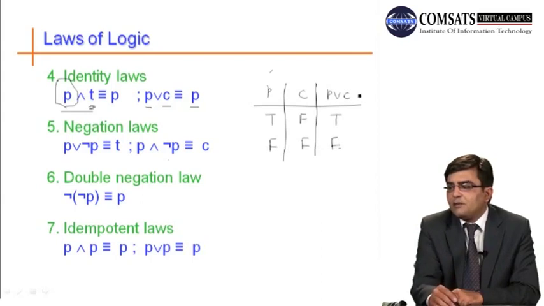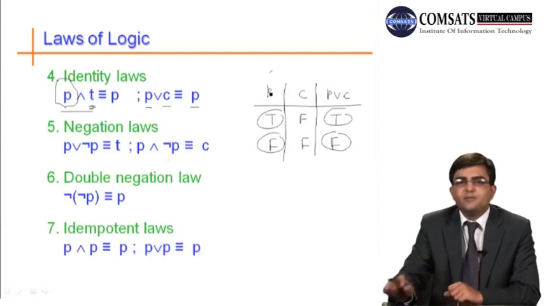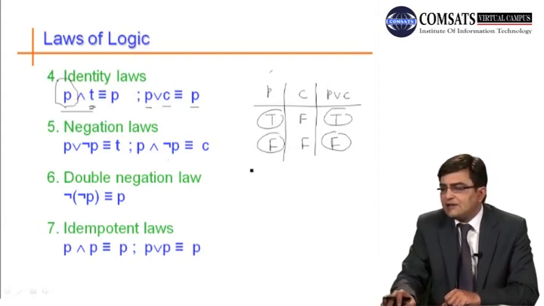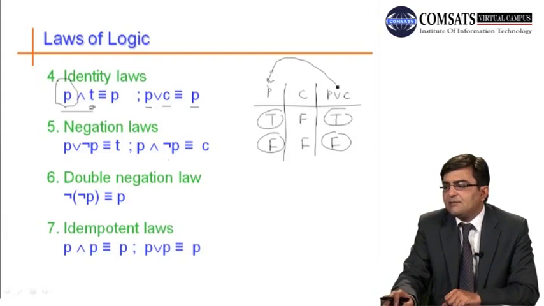So P and P or C, we can see that the truth value of P or C in the first row is T. Here also we have truth value T. In the second row, P or C has truth value false, and P has truth value false. We can see that these two propositions, P and P or C, have identical truth values, therefore these two propositions are logically equivalent.